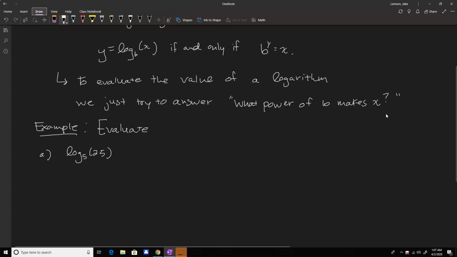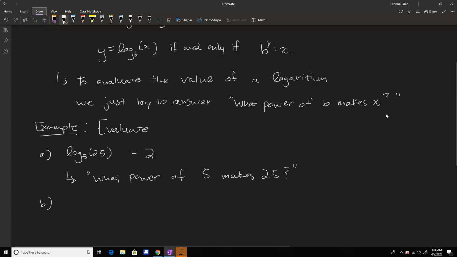If we're trying to evaluate that, we're basically trying to answer this question: what power of the subscripted number makes 25? And the answer there would just be 2, because 5 squared is 25.